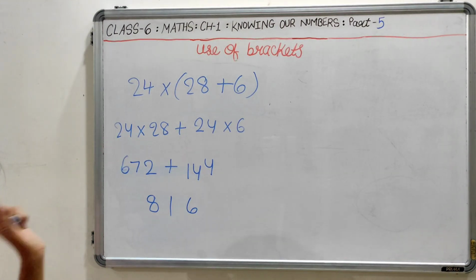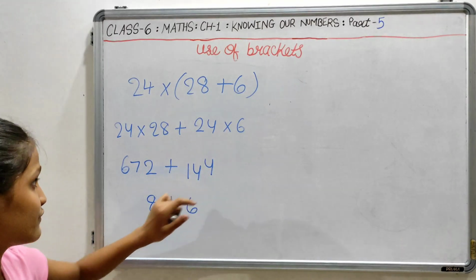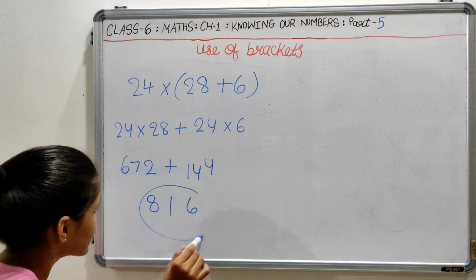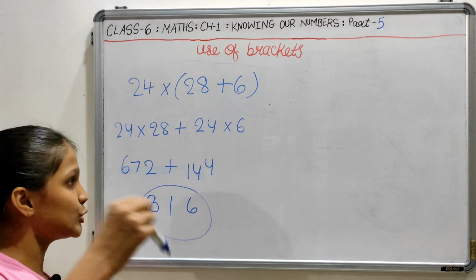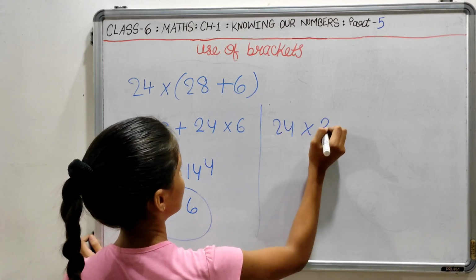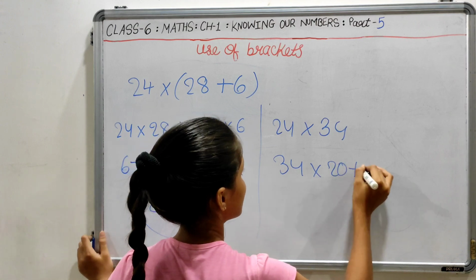24 into 28 equals 672. 24 into 6 equals 144. We add them and got 816 as our answer. Now we could do directly 24 into 34, which is 34 into 20 plus 4.